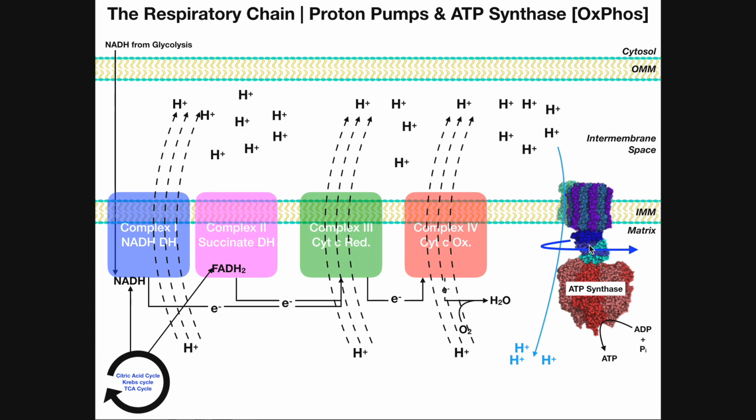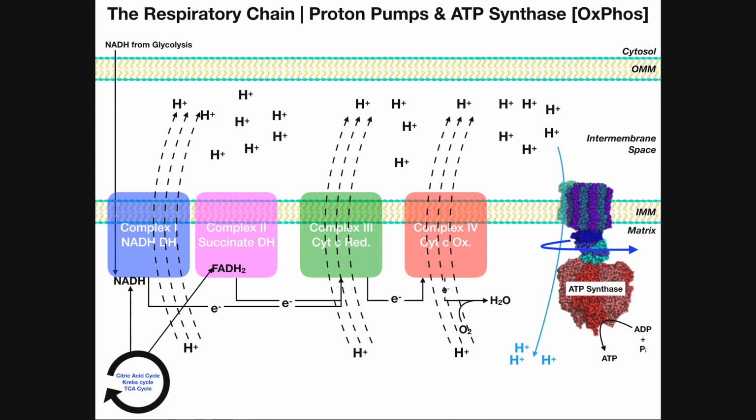And why is that important? Because as ATP synthase rotates, it combines ADP and phosphate to make ATP. Okay? That's extremely important to understand. And this synthesis of ATP, this gets us a lot of ATP.